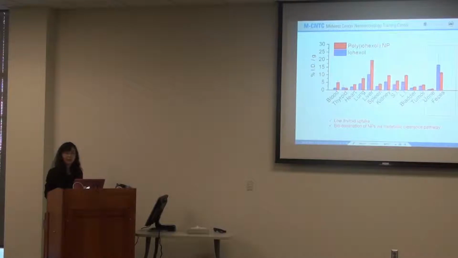And also, because iodine is always related to the thyroid, here we show the low accumulation in the thyroid to further demonstrate that deiodination is not the major problem of this newly developed system, further confirming its safety profile.